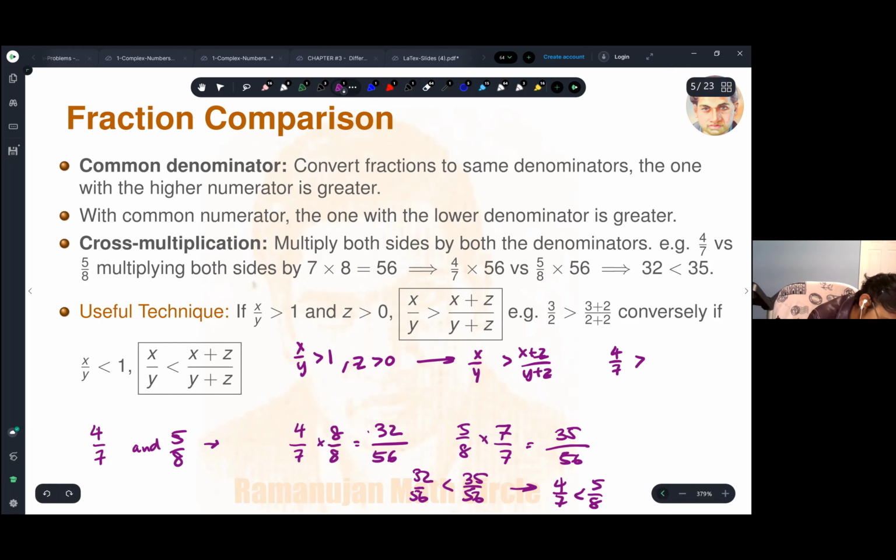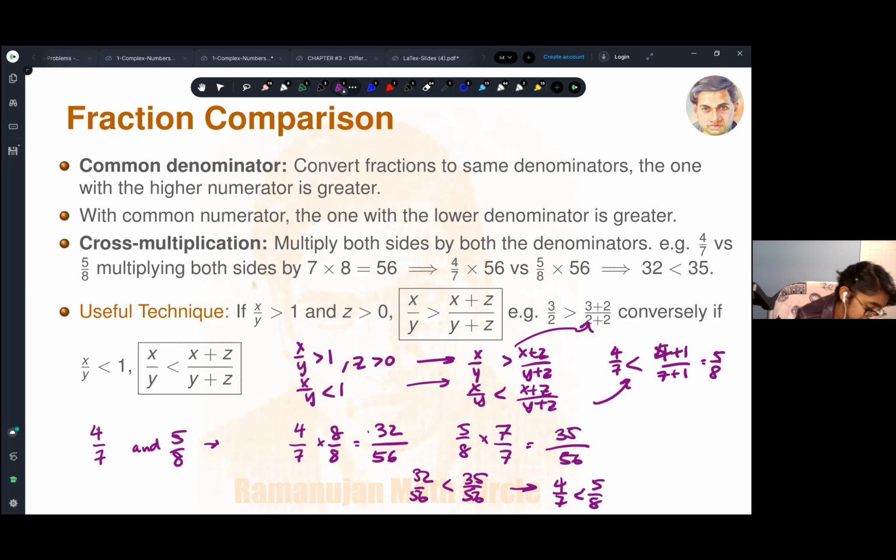So 4/7 greater than 4 plus 1 over 7 plus 1, which is equal to 5/8. Sorry, this won't work because x over y isn't greater than 1. This would use the second rule, which is if x over y is less than 1, then x over y is less than x plus z over y plus z. So this one works with this, and this one works with this.